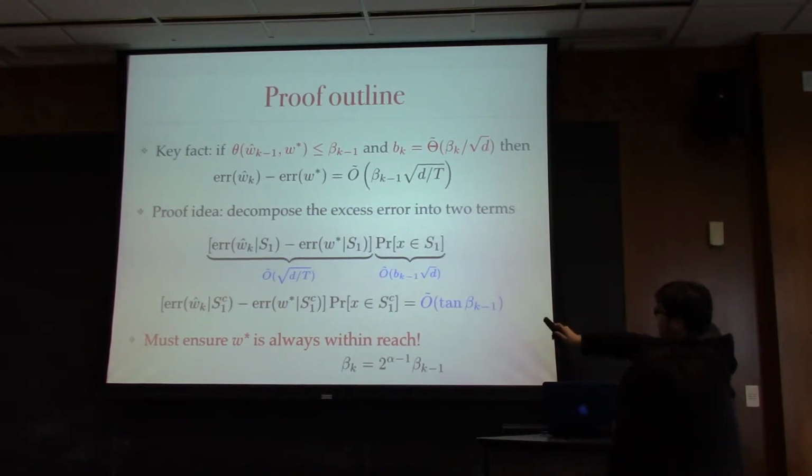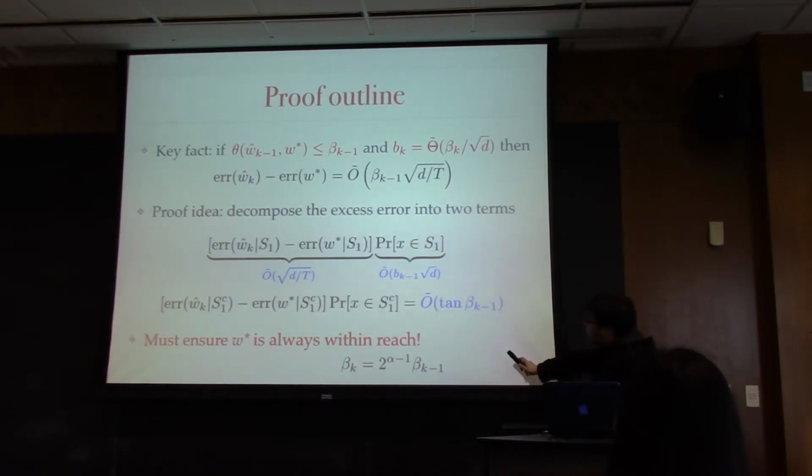The next step is to bound the excess error outside of this margin. It can be shown that this bound is also proportional to beta_{k-1}, because when x is far away from w_k-hat, the difference between the learned w_k-hat and the optimal classifier w star would be very small, since it's outside of the margin.